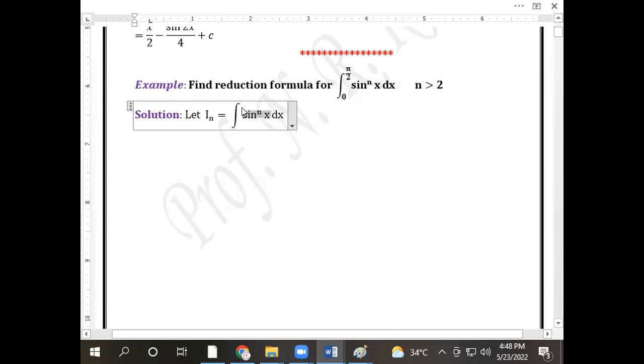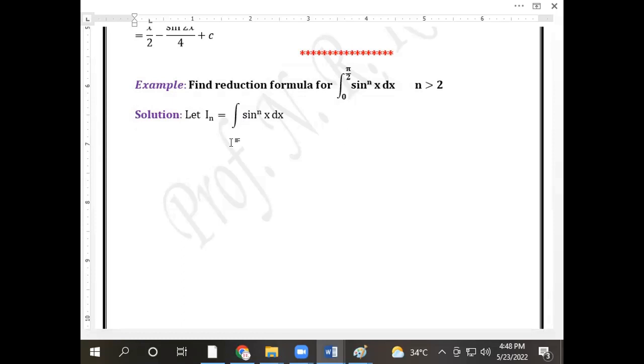We eliminate the integration limit to find the reduction formula. In this case, we have to split the index of sin in such a way that one function's integration can be calculated very easily.